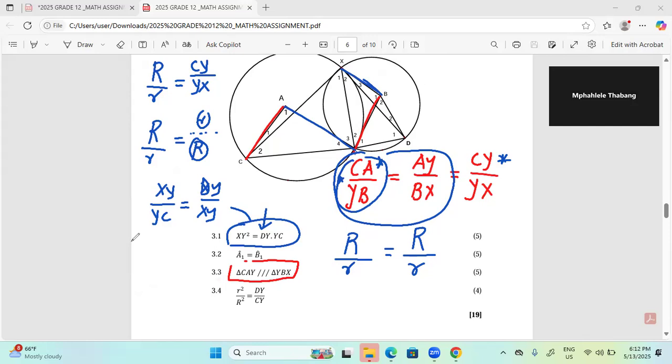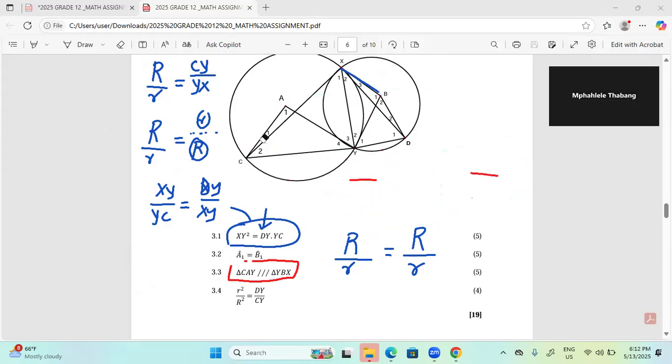DY over CY. Well, how do I get this DY over CY? Oh, DY over CY might be coming from these two triangles. Let me erase and see here. If I say DY, CY, just these two guys. There is this guy DY.